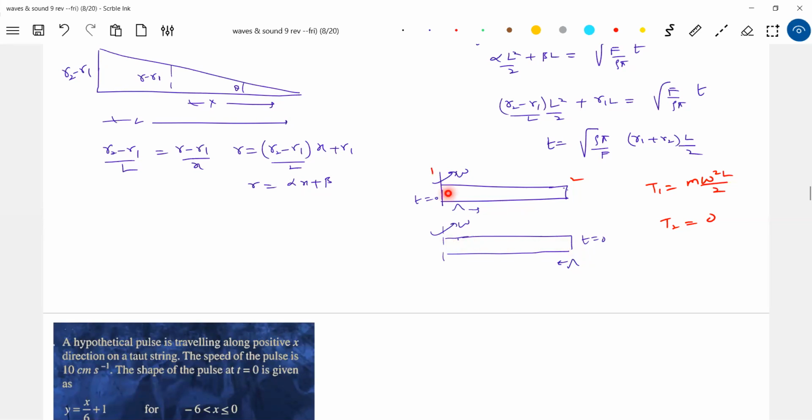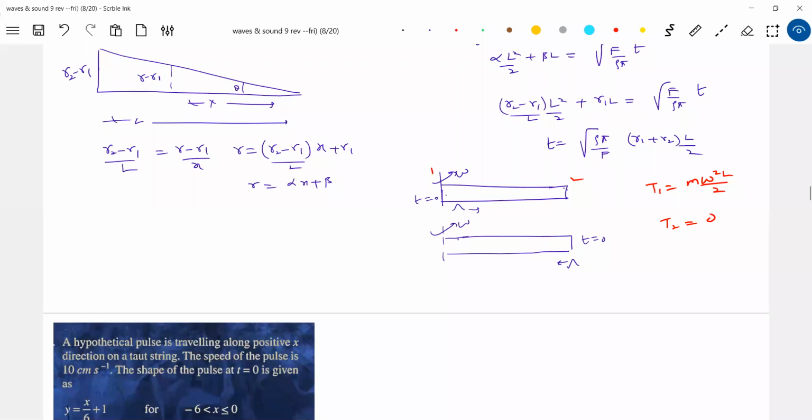What about here? Initially, the speed will be more. As the wave progresses, the speed of the wave will keep on decreasing here. So what happened to wavelength? As v decreases, wavelength will decrease. As v increases, wavelength increases. As the wave propagates here, wavelength will decrease. As the wave propagates here, wavelength will increase. Here speed will increase. Here, speed will decrease. So definitely the time taken will be different.